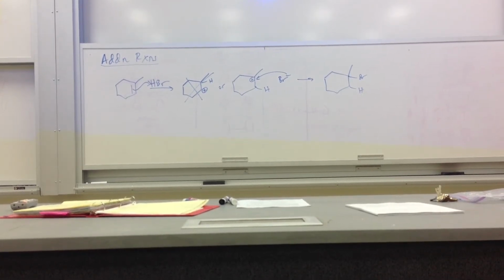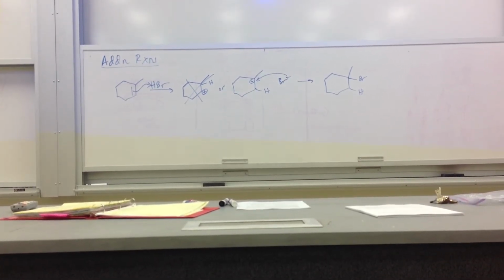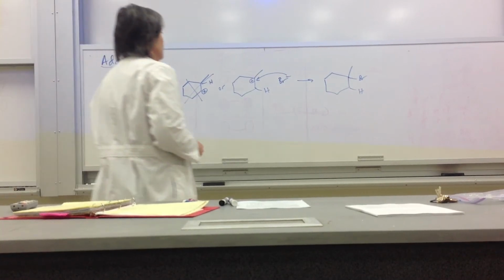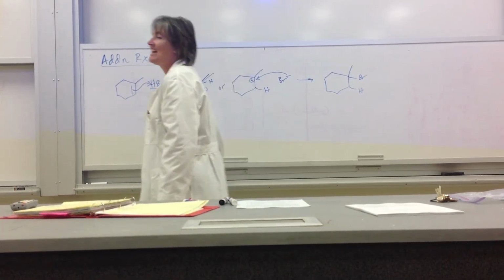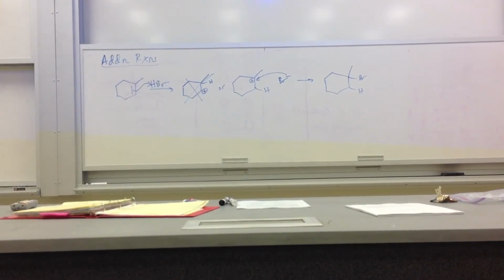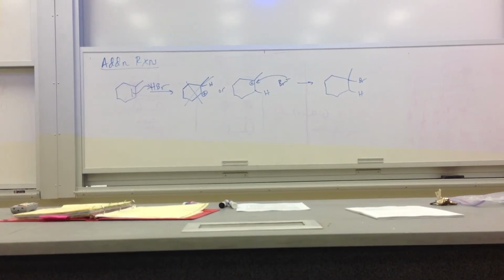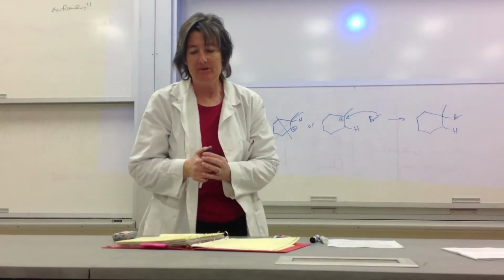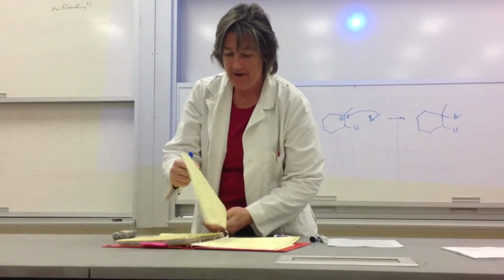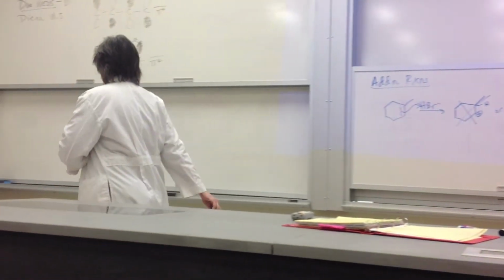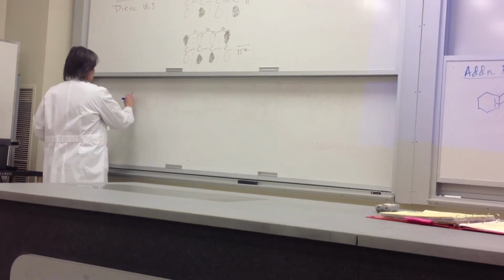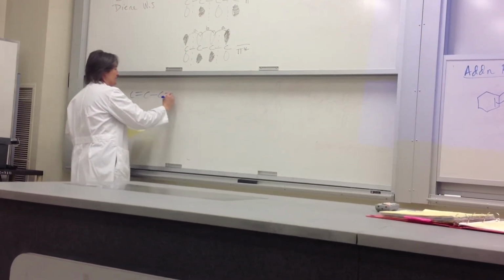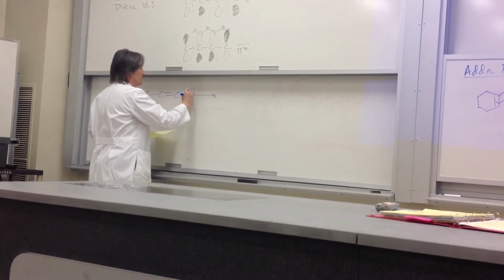Well, conjugated dienes, conjugated trienes, anything conjugated, doesn't quite do it this nicely. So, let me show you what happens, and then we're going to have to take some time explaining why in the world it's happening like this. So, let's do 1,3-butadiene. We'll add HBr to it.